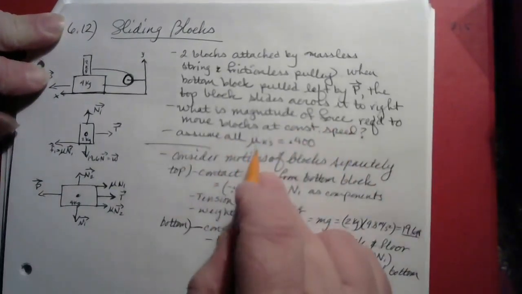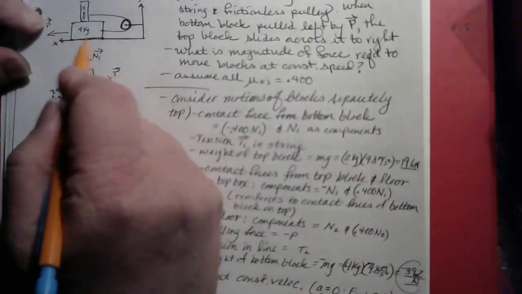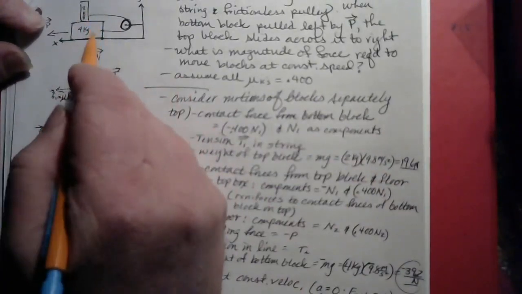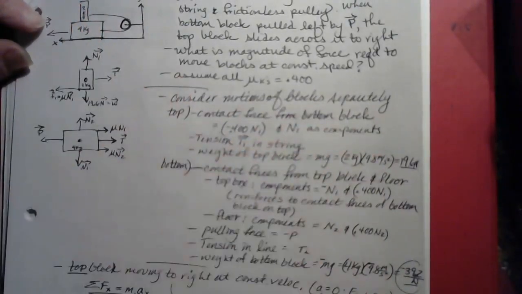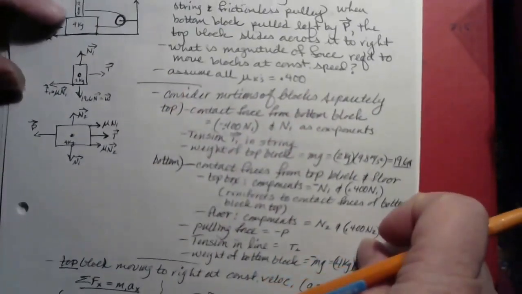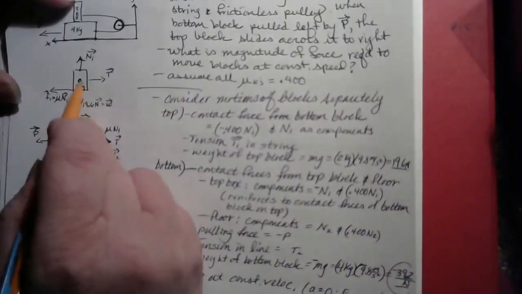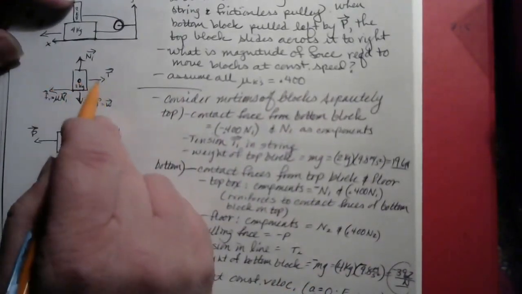We can assume that all of the coefficients of kinetic friction are equal to 0.4. So that would be the box against the floor and the box against the other box. They would both be 0.4. For the top box, the 2 kilogram box, we've got a diagram that looks like this.